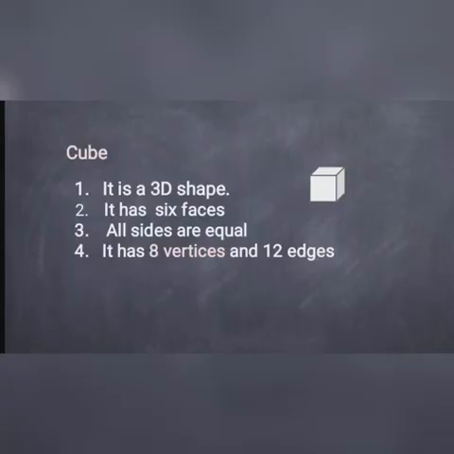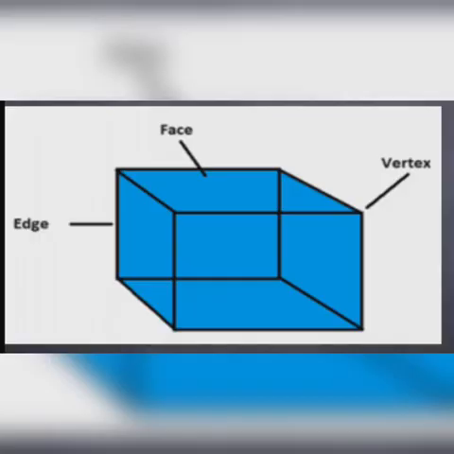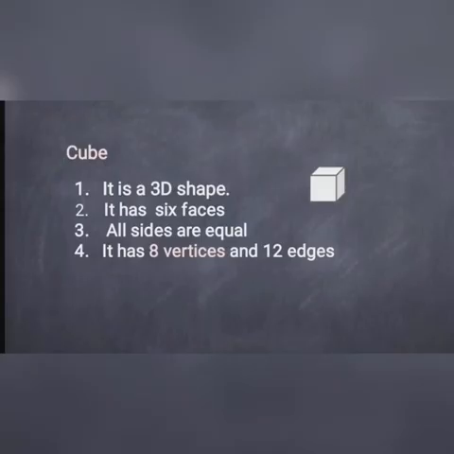So totally 12 edges are there. So it is a 3D shape. It has 6 faces. All sides are equal. It has 8 vertices and 12 edges. Vertices mean line joining point, edges mean line. These are the properties of cube.